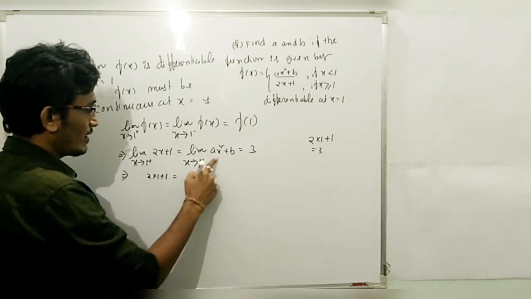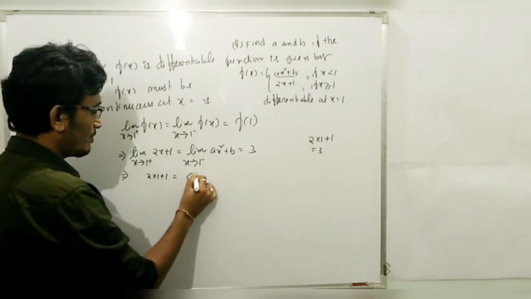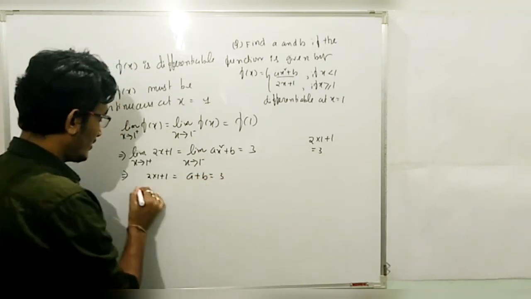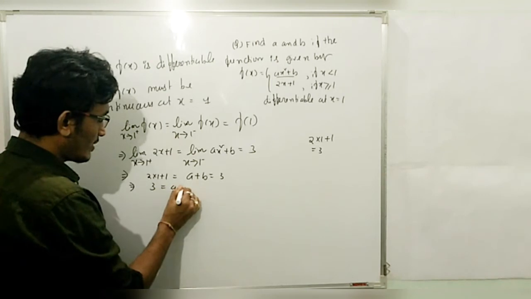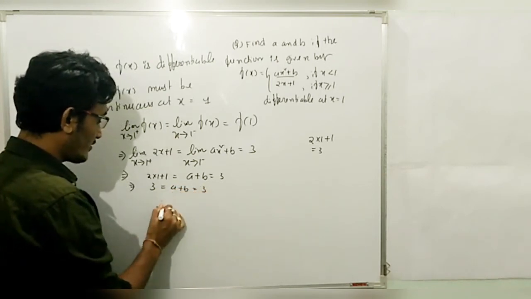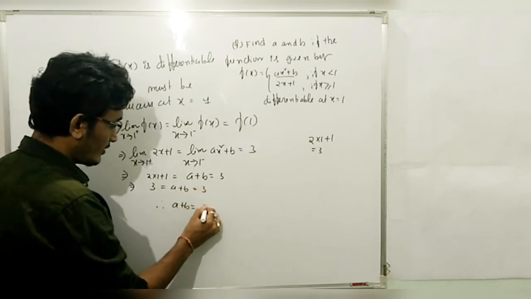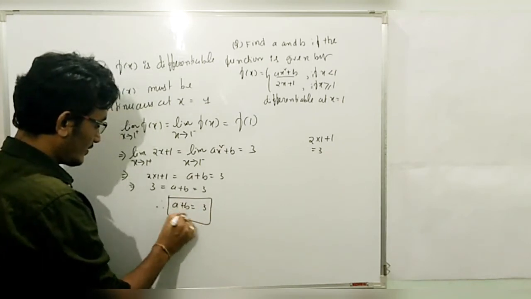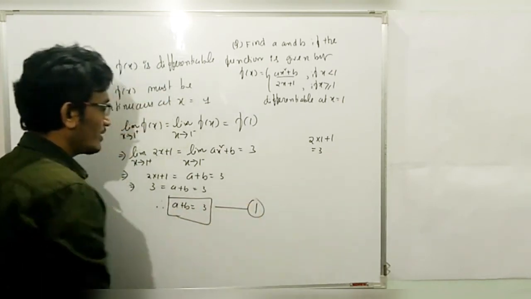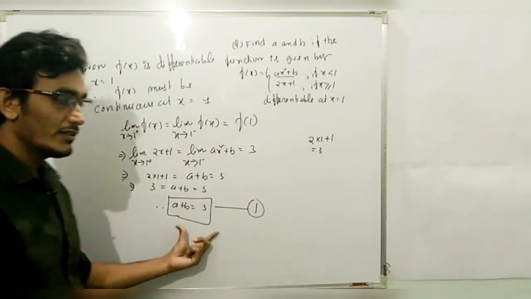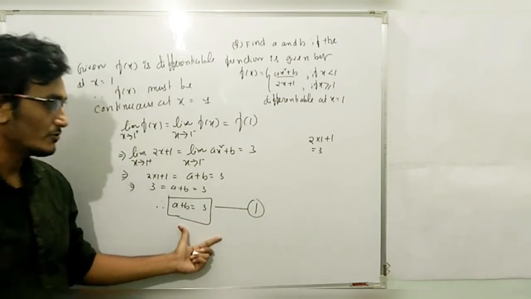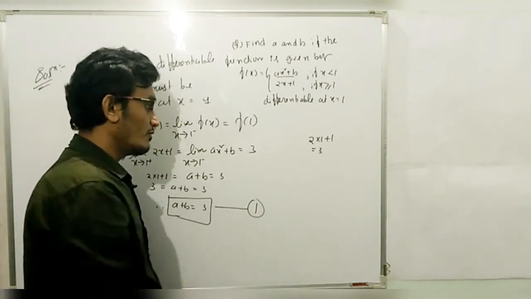Limit x tends to 1 minus ax square plus b means a plus b, is equal to 3. So we can write a plus b equals 3. Using the condition of continuity, we get this result a plus b equals 3. Suppose we call it equation 1.